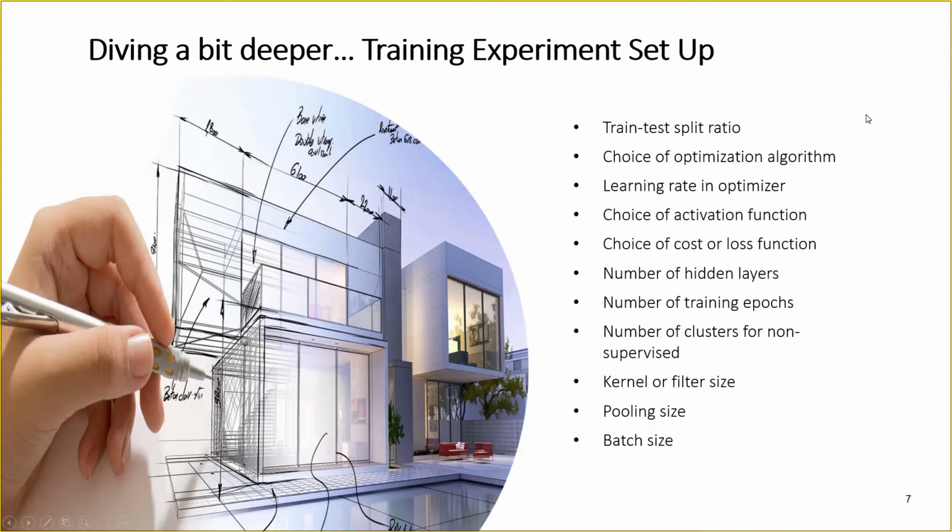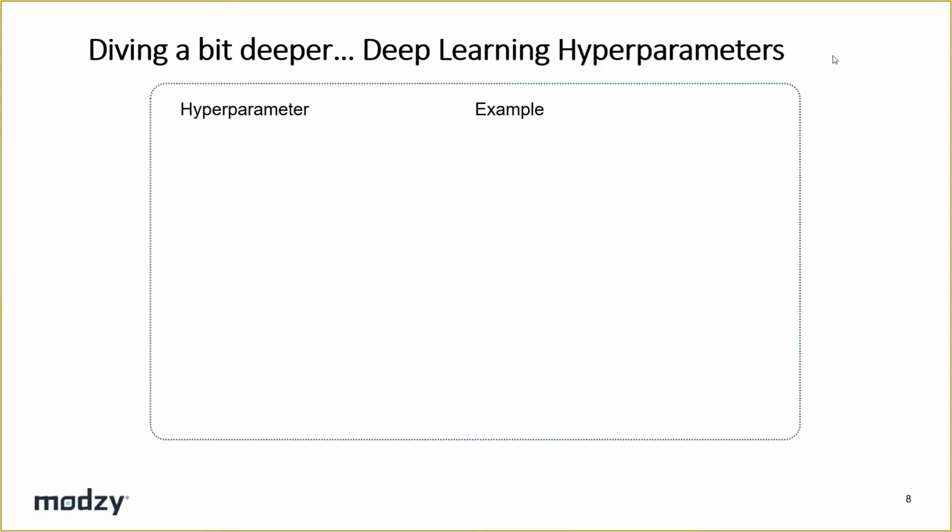But as you can see, the values of each of these parameters are things that data scientists have to decide before executing that training experiment. So it's almost an experiment and model design process that has to happen before you even kick off that experiment.